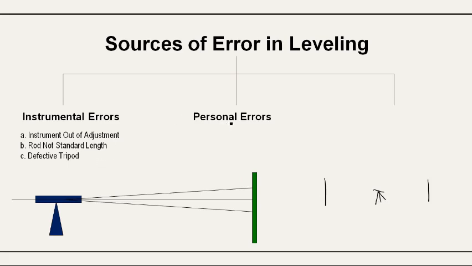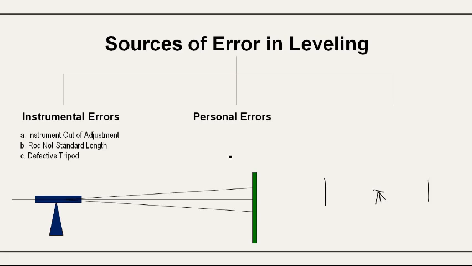Next are the personal errors. Personal errors occur largely due to the skills or expertise of our survey team. Also, this is due to the limitations of our sense of touch, sight, or hearing of individuals. Personal errors are also usually caused by erroneous manipulation or careless handling of instruments when making observations or when conducting a level survey.